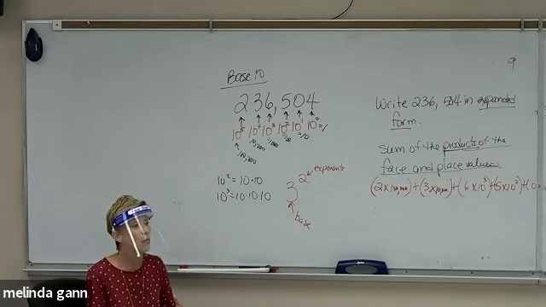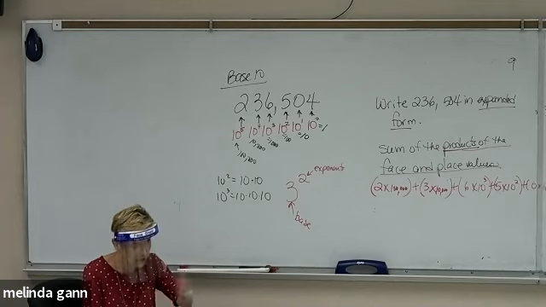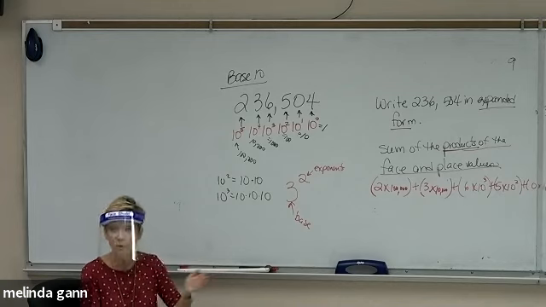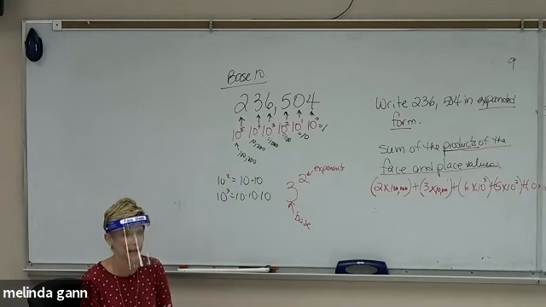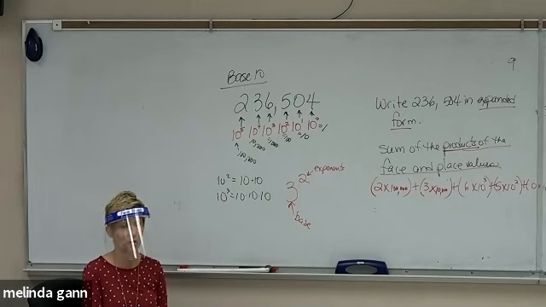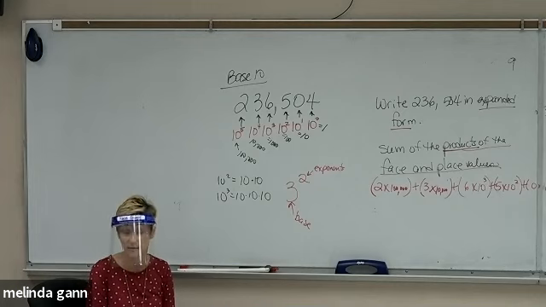Now, the only one I'm going to hold you responsible for on a test is a number system that's still used, and that is Roman numerals. Okay? So I'm not going to test you on Mayans, I'm not going to test you on Babylonian, I'm not going to test you on Egyptian, but I do want you to know they exist.